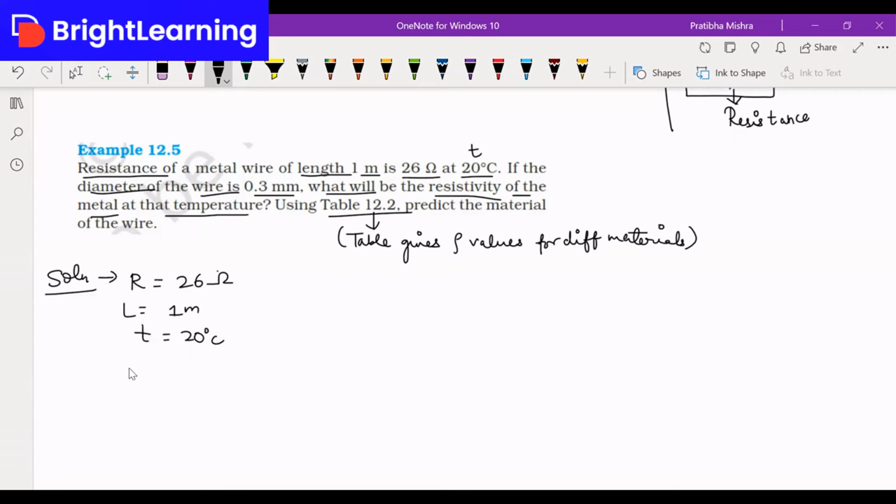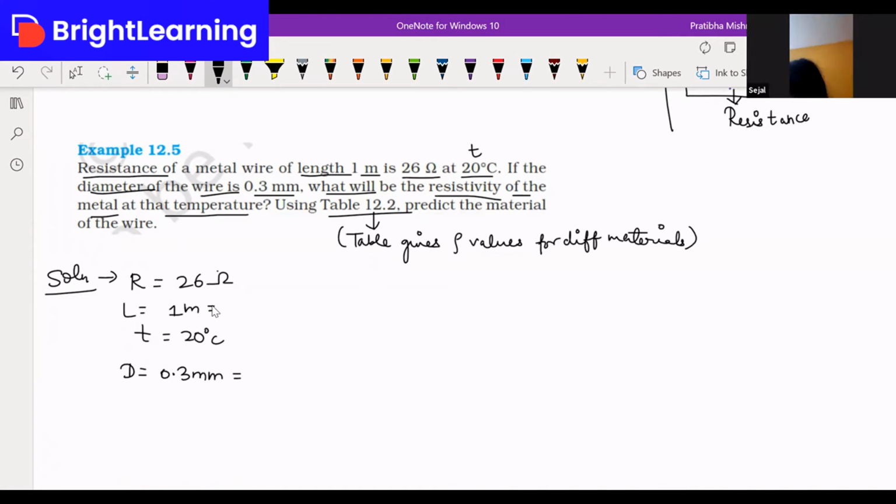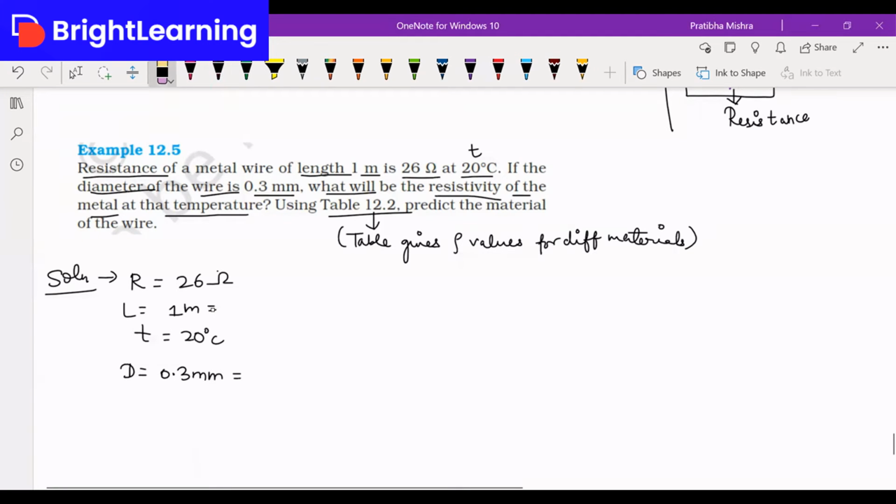Then the diameter of the wire will help you find the area of the cross section. The diameter is 0.3 mm. You can convert the length of 1 meter into mm, but the standard unit of length is meter, so we won't change that. If you do it later, it will be a little complicated.